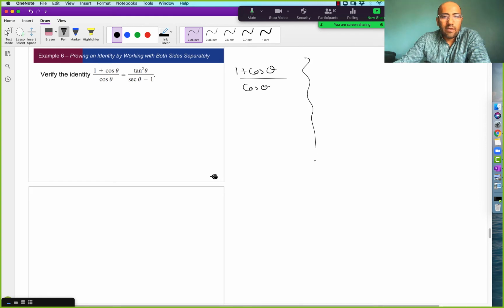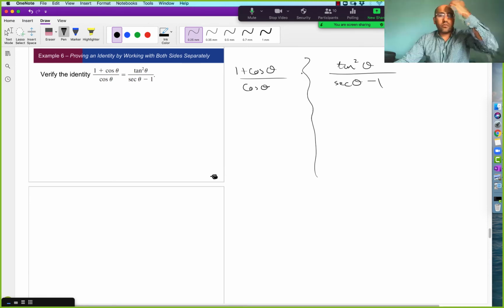And maybe at the same time I want to work on the other side, tangent squared theta over (secant theta minus 1), right? And I put the wiggly line to make sure that you don't accidentally do something with both sides of the equal sign, right? We don't want to do that.